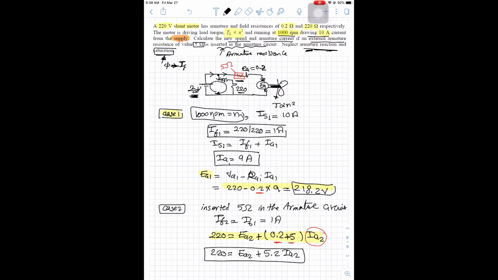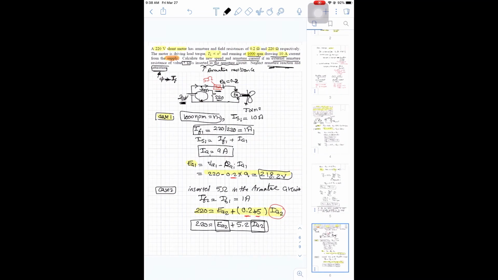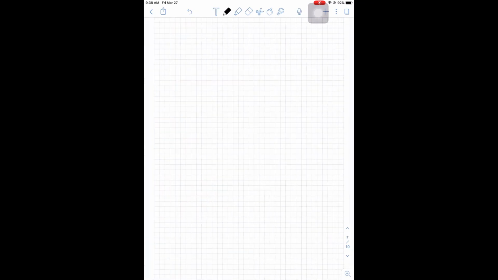In this equation, we have E armature 2 as unknown and I armature 2 as unknown. Now we need more equations to be able to solve this problem. So how will we get more equations? To get more equations, we will use the relation between EA2 and EA1 as IF2 divided by IF1, N2 divided by N1.